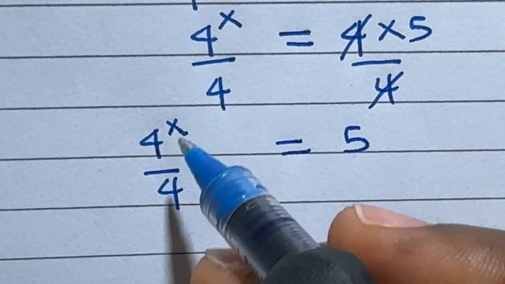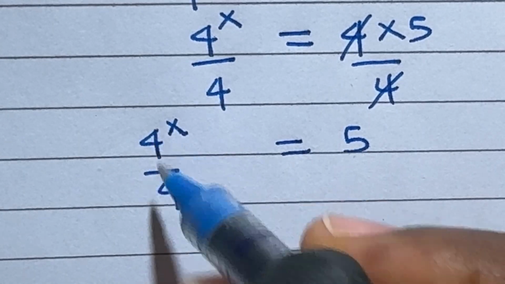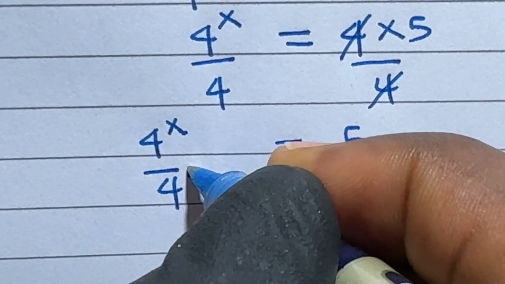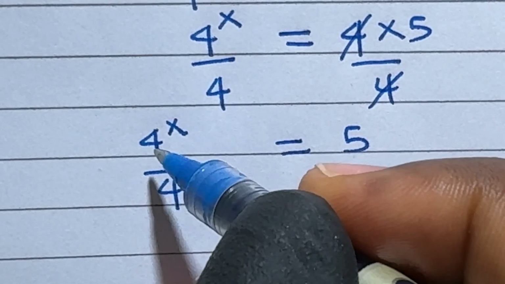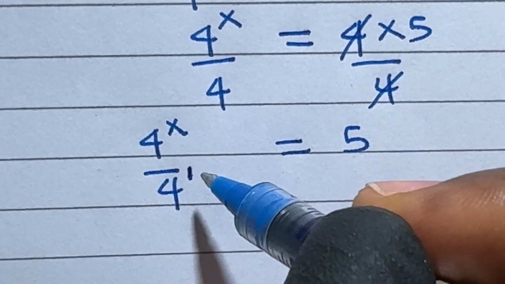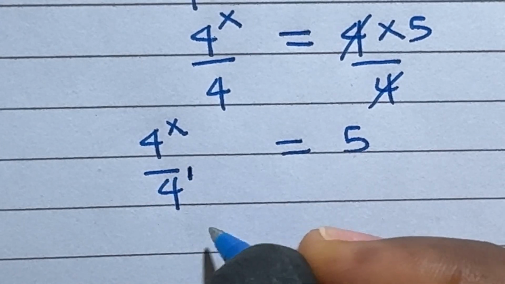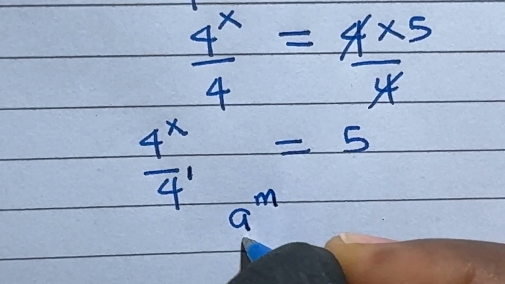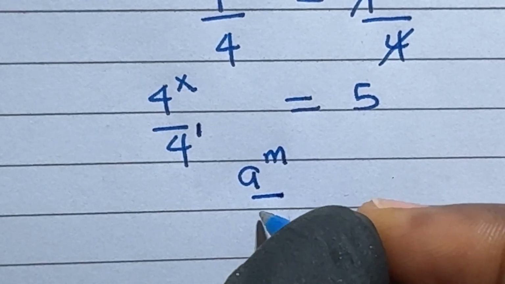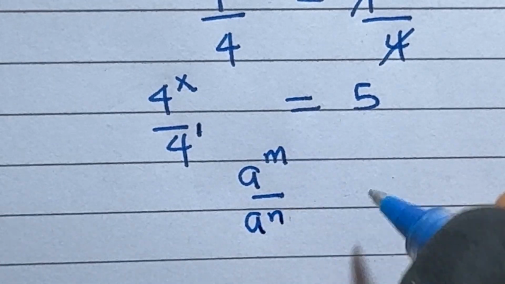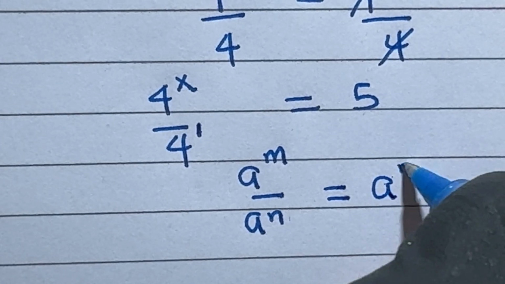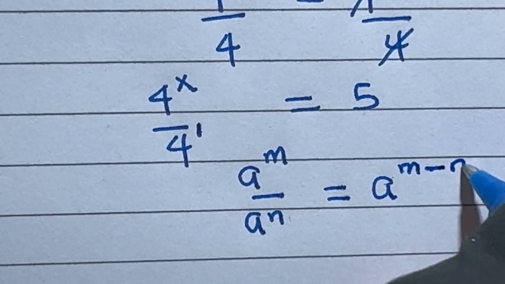Now, according to the law of indices, when you have the same base here, this 4 at the denominator can also be written as 4 raised to power 1. Of course, we see we have the same base, but we have different powers. The law of indices says if you have, for instance, a raised to power m divided by a raised to power n, this can be written as a raised to power m minus n.